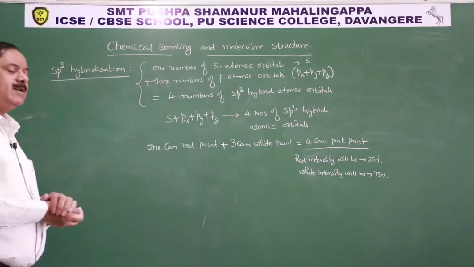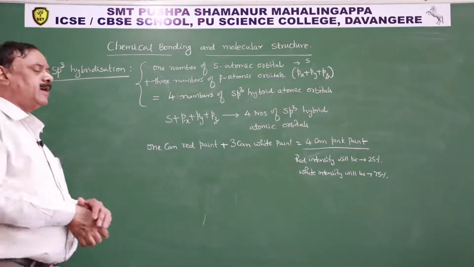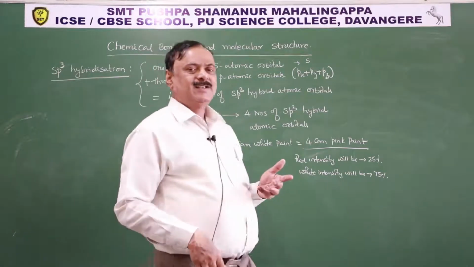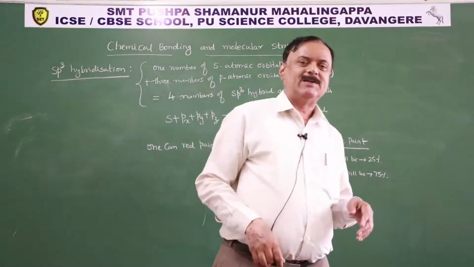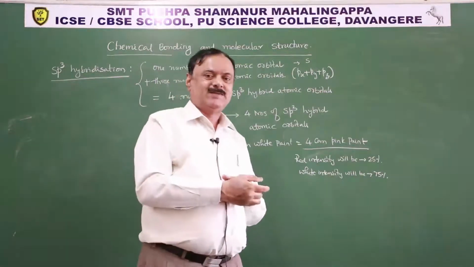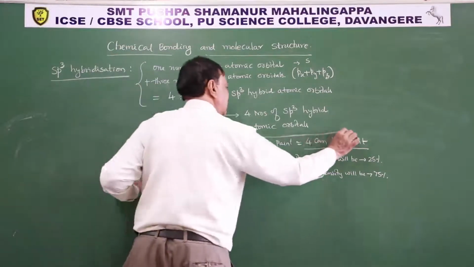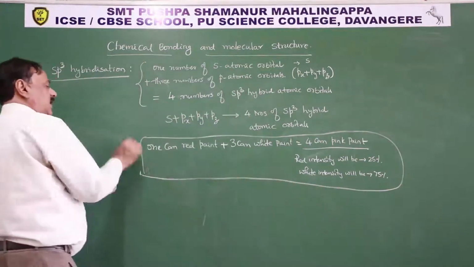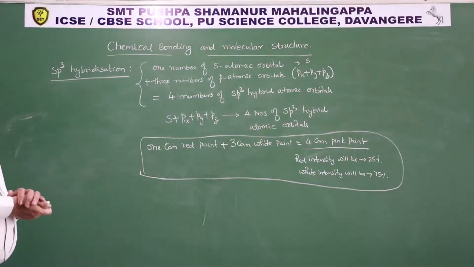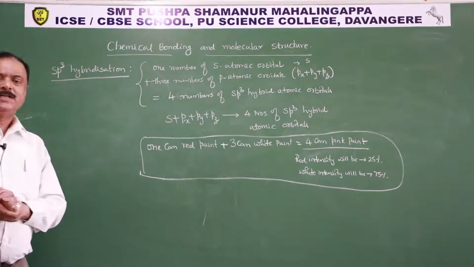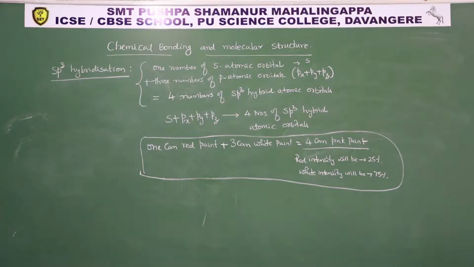A quarter of the red color and 3/4 of the white color will be there in such pink paint. The same phenomenon applies here. By mixing up of 1 s atomic orbital and 3 p atomic orbitals, it gives 4 sp3 hybrid atomic orbitals.